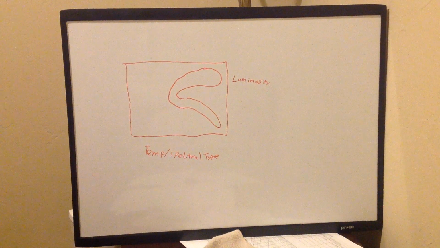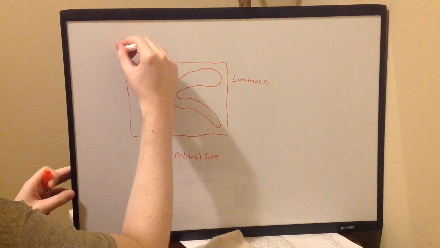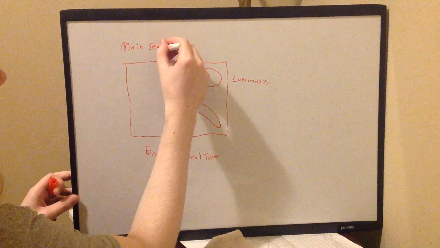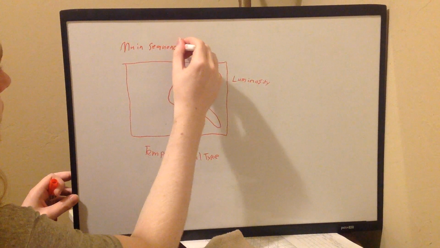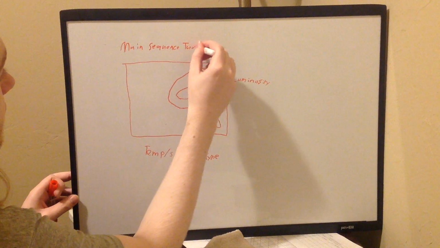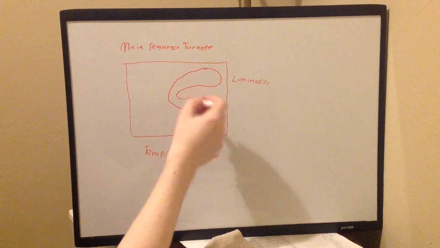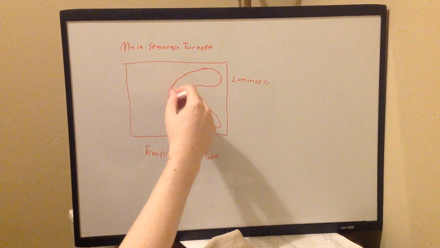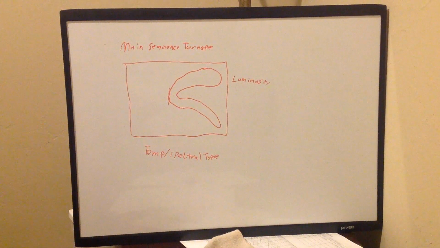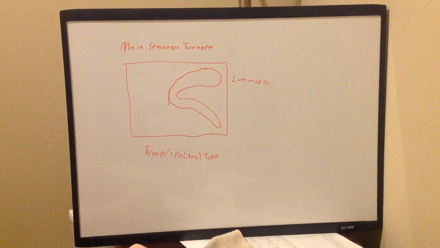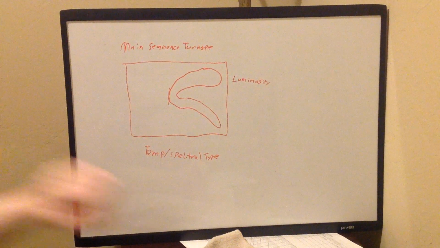This is called the main sequence turnoff method, because of how it seems like the main sequence turns off right about there in a cluster. And you use that to figure out how old a cluster is, which is a pretty neat and useful thing that you can do, in my opinion.